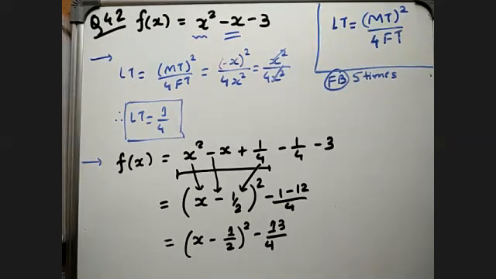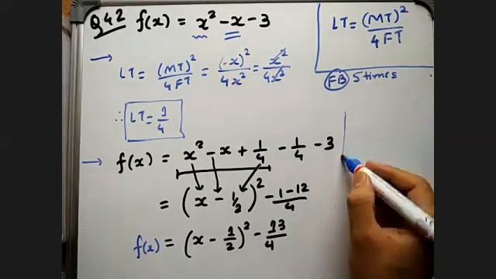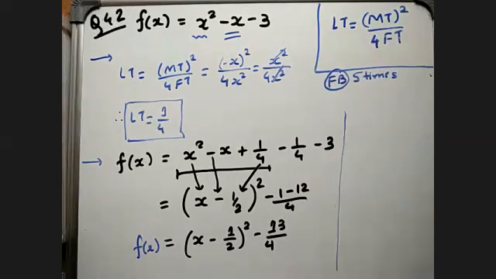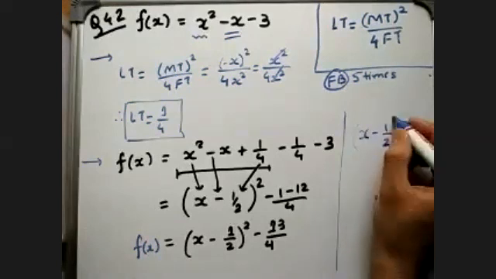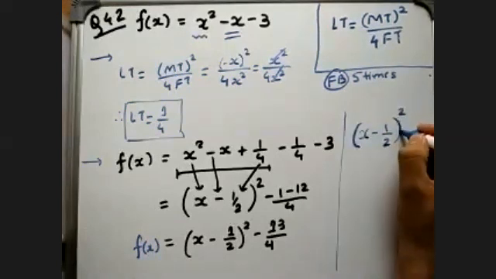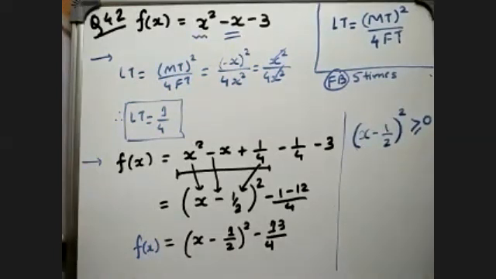So is it clear now? Now we know that square of any term is always greater than or equal to 0, isn't it? Our f of x is this now. The square of any term, that is here x minus half whole square, is always positive or equal to 0.